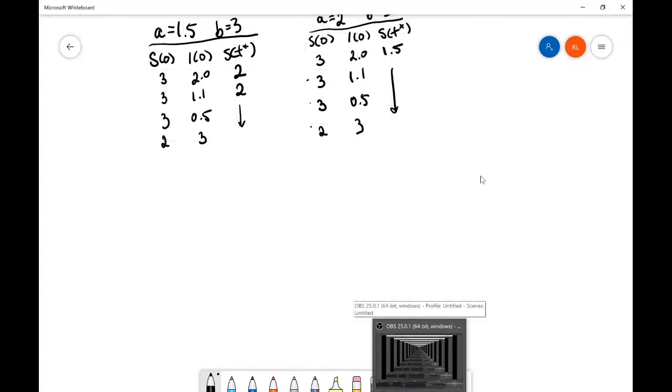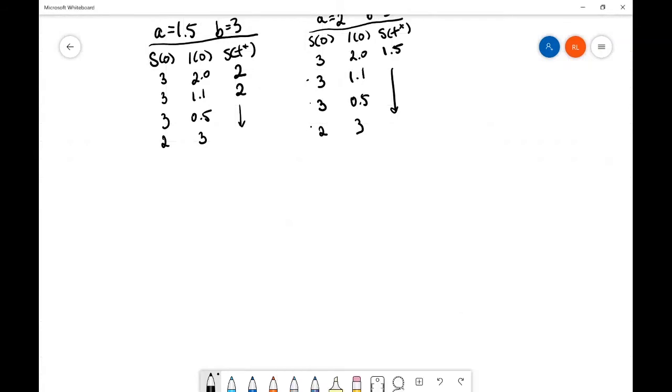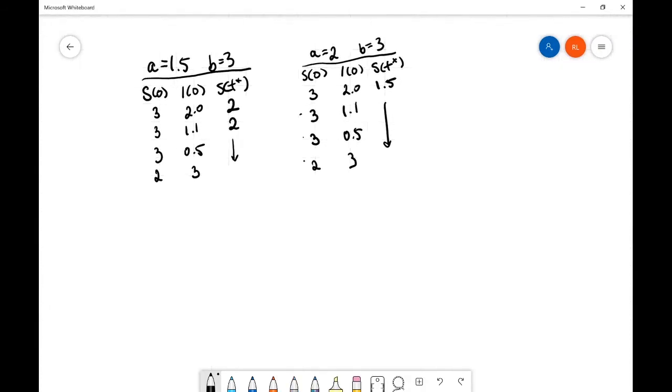Well, we should see a maximum when dI/dt is equal to 0, right? And recall that dI/dt is equal to aSI minus bI.